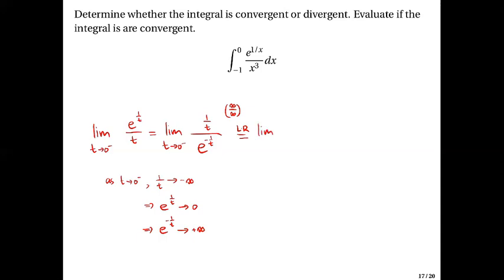Because here we will have the limit as t approaches 0 from the left. The derivative of 1 over t is negative 1 over t squared. And the derivative of e raised to negative 1 over t is e raised to negative 1 over t times 1 over t squared times the derivative of 1 over t. And notice this factor will cancel this one.